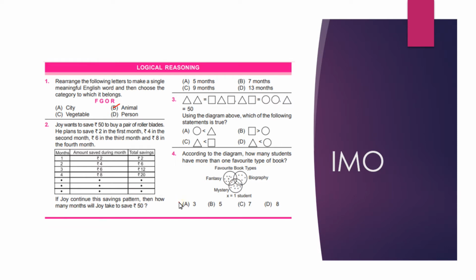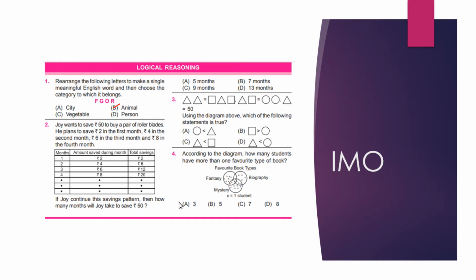Joy wants to save ₹50 to buy a pair of roller blades. He plans to save ₹2 in the first month, ₹4 in the second month, ₹6 in the third month, and ₹8 in the fourth month. If he continues this saving pattern, how many months will Joy take to save ₹50? Very simple, I guess.